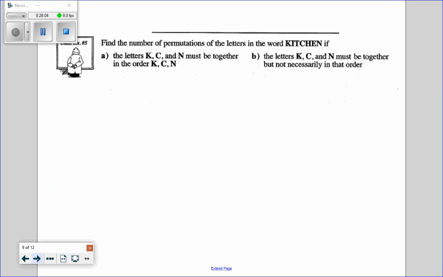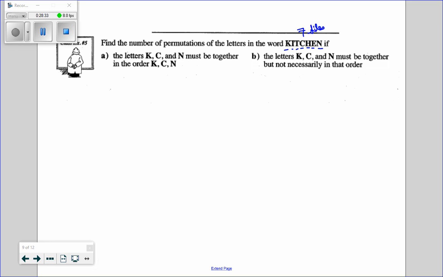Okay, so if you look at example number 5. It says find the number of permutations of the letters in the word kitchen. Imagine the word kitchen, each on its own little Scrabble tile. So how many Scrabble tiles do you have? 1, 2, 3, 4, 5, 6, 7 tiles.